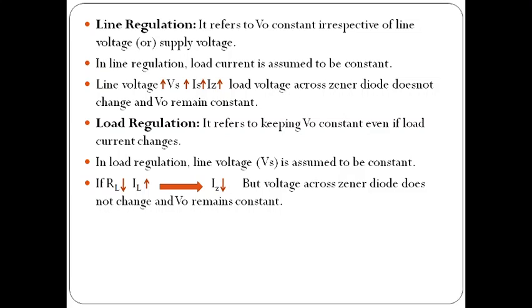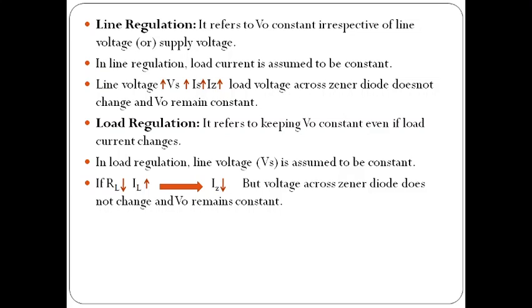When the line voltage increases, that means Vs also increases. When Vs increases, Is increases, and Iz also increases because the load current is constant. So the voltage across the Zener diode does not change and V naught remains constant.